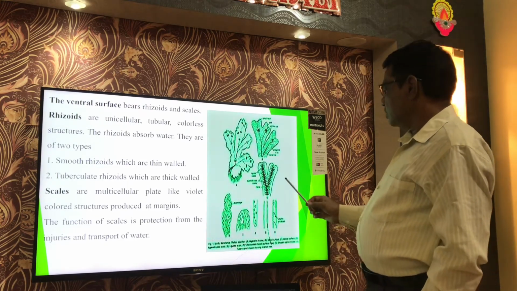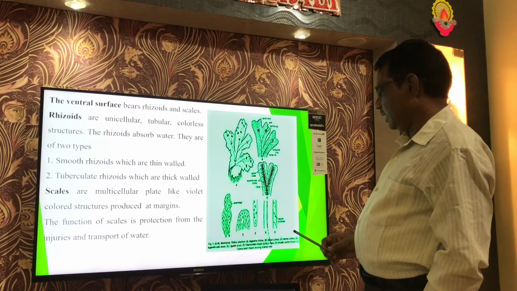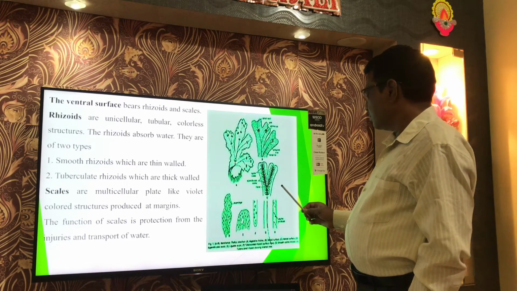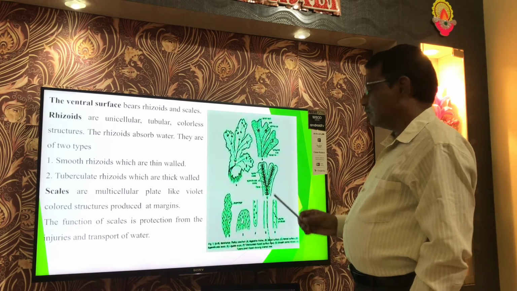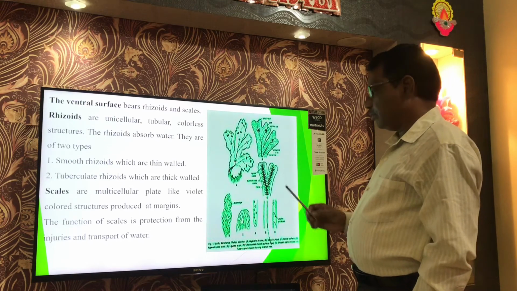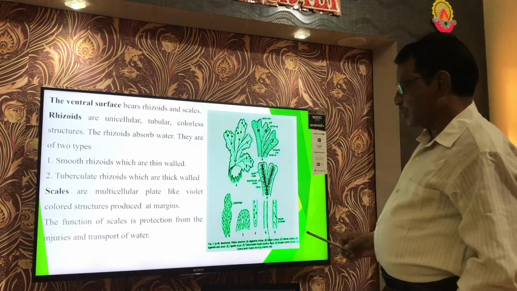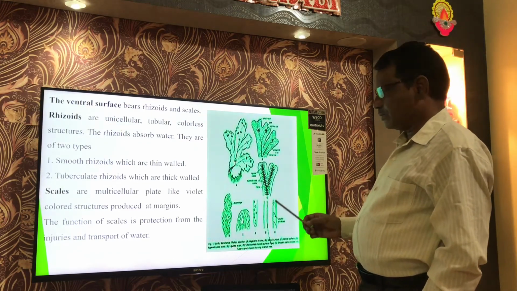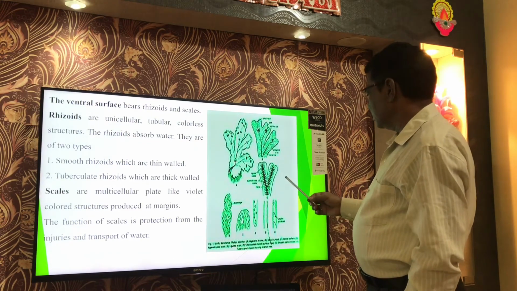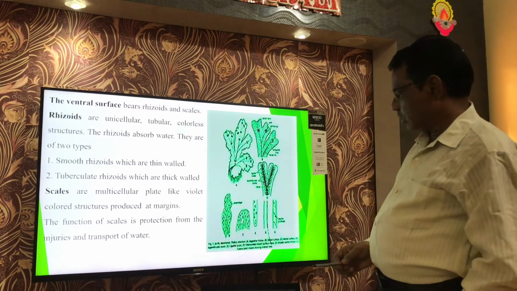The most important function of the scale is protection of the young growing tip of this thallus, and it is also assumed that it helps in transport or conduction of water.